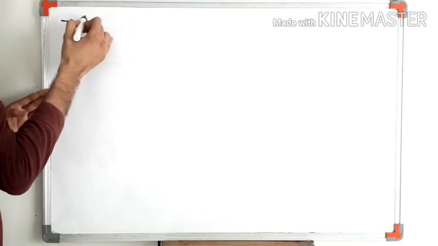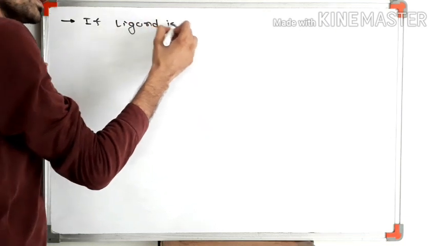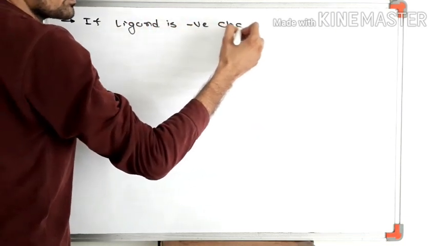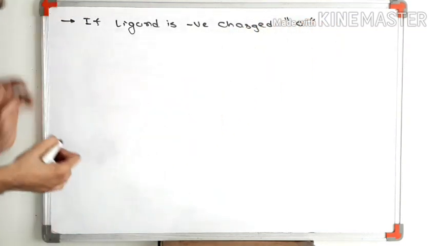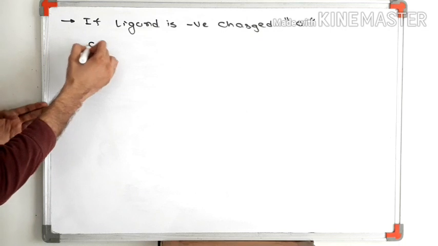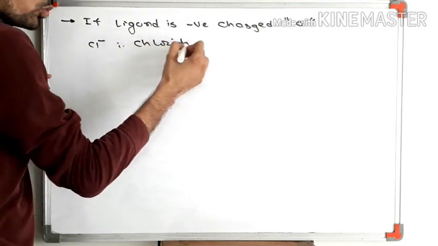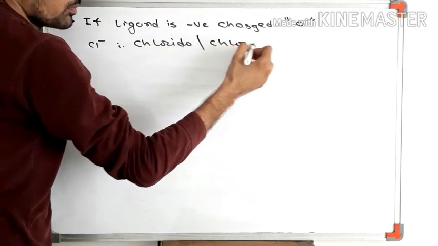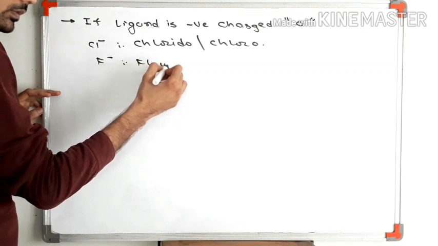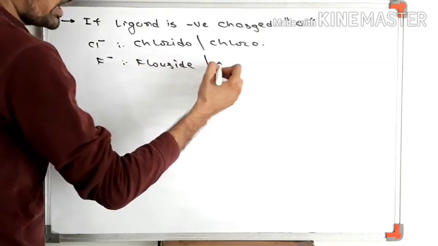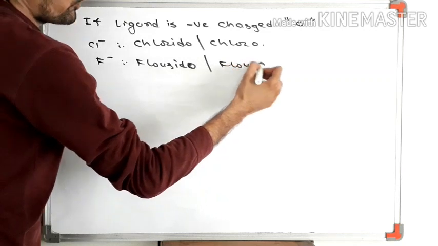Next, if ligand is negatively charged, you have to apply o. You have to apply what? O. Like Cl minus means chloride, you have to write chlorido or chloro. Like F minus means fluoride, you have to write fluorido or fluoro.